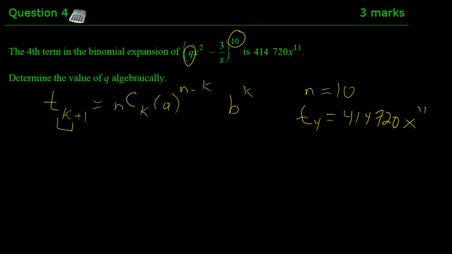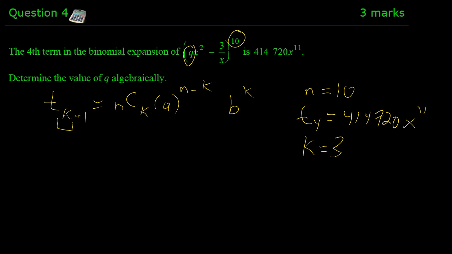We want to get t4, so the value of k would be 3, one less than that, because when we substitute in 3, 3 plus 1 is 4. Obviously, we know the value of a just looking at our exponent. The value of a is qx², and the value of b is negative 3 over x. So we'll substitute those in as we go as well.